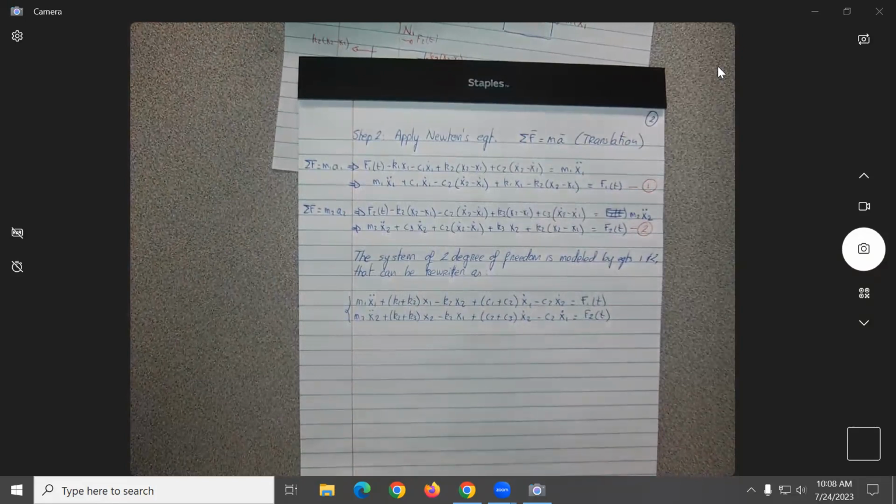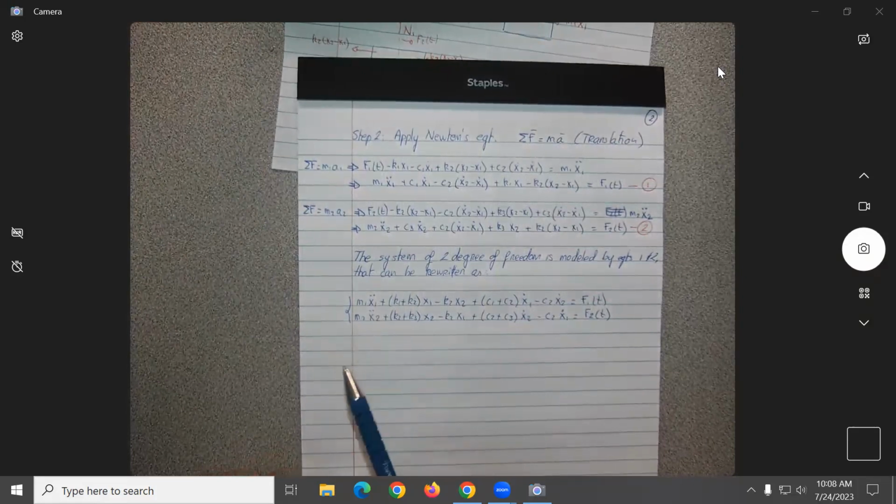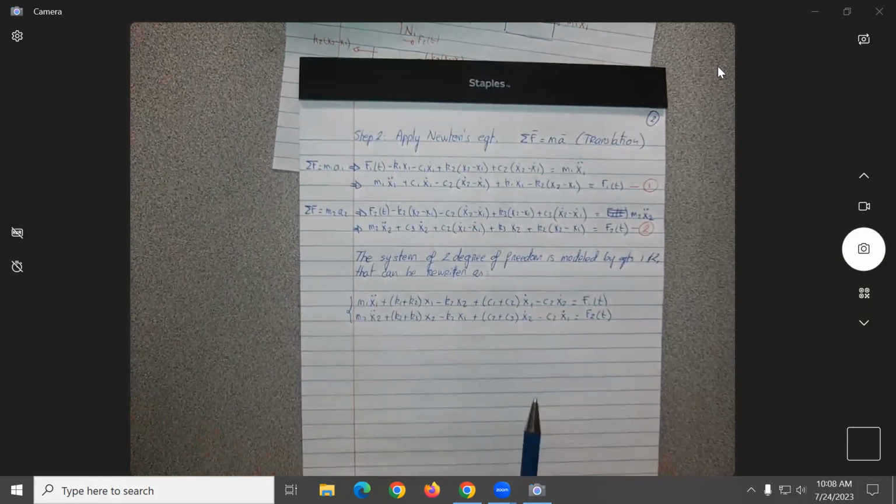Okay. So basically, as we said before, these are second order differential equations. You see the x double dot, no? In order to do this, probably you did the same thing in a differential equations class. We're going to rewrite these two equations in the form of a matrix.